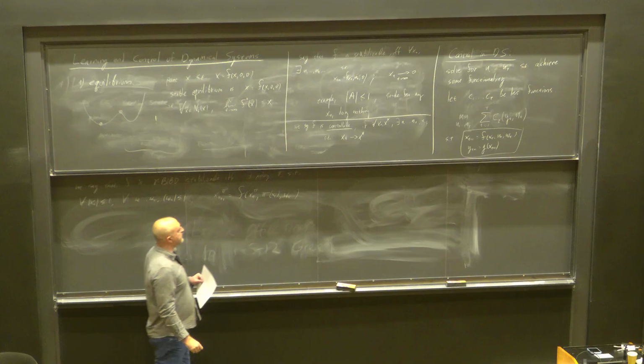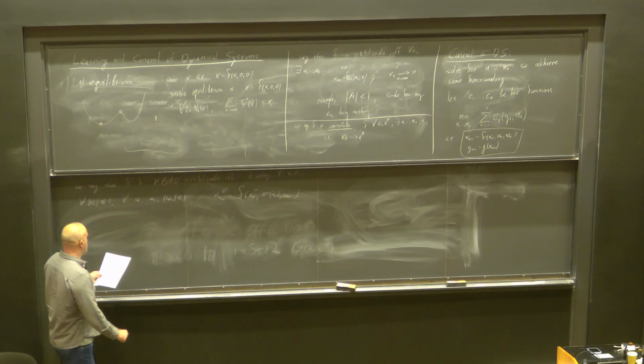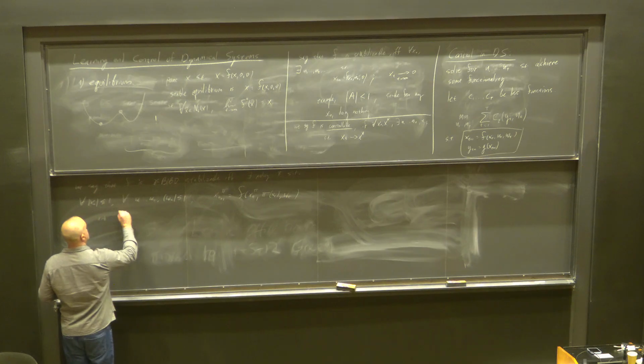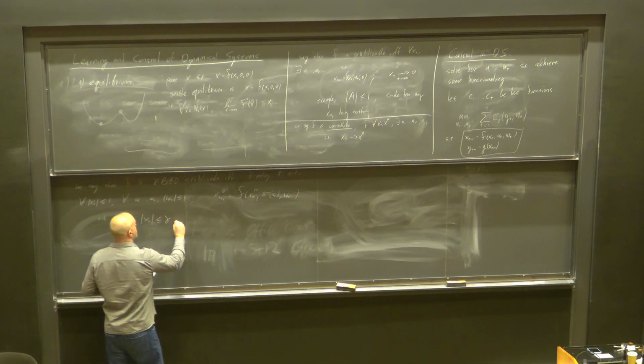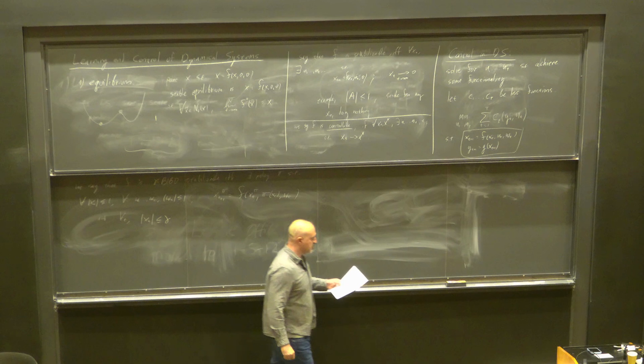I have the evolution of the dynamics. And for all t, this x_t is bounded by gamma. So it remains bounded.